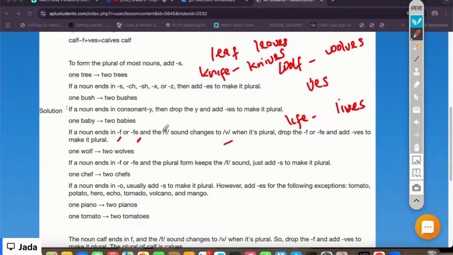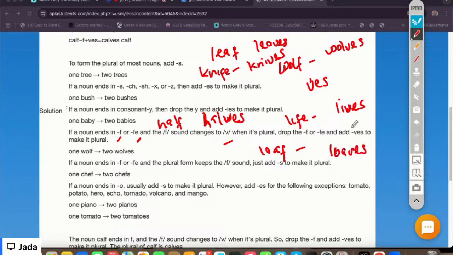We can also have half, and it becomes what? Halves. Okay? So these are some of the words. You can see them. We have loaf, and it becomes loaves. Okay?